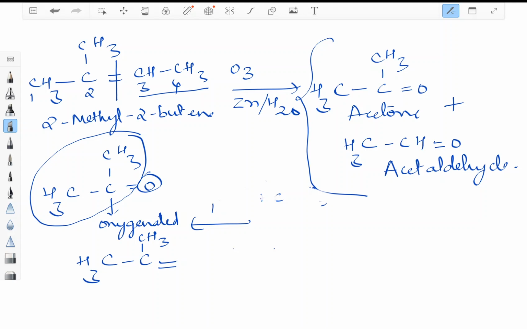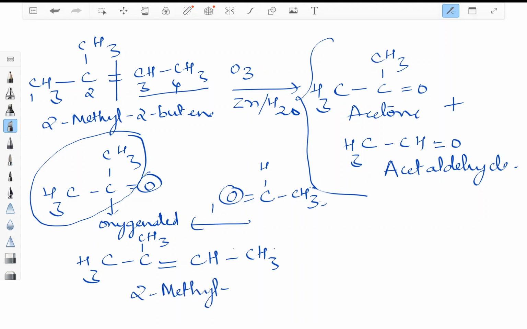CH can be written like this also. That is CH double bond O CH3, that is acetaldehyde. This part is removed. I am going to add CH single bond CH3. The compound name is 2-methyl-2-butene. I'm just trying to explain that once again.